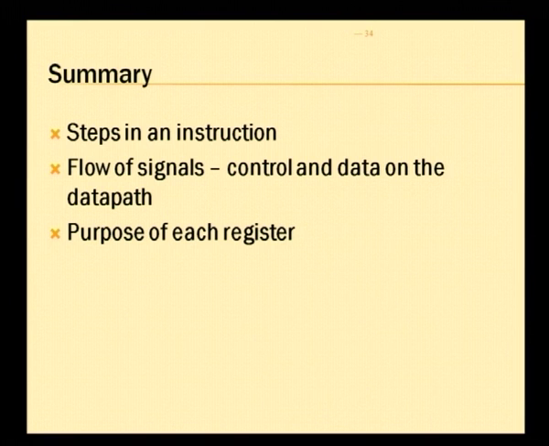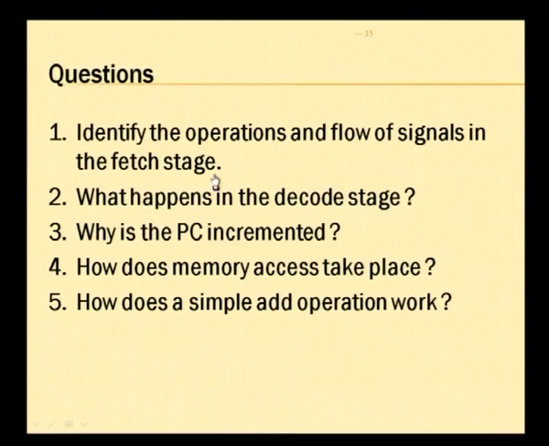We have also looked at some of the registers that are involved and the purpose of each of these registers. A big picture in terms of an instruction flow is what I have tried to give in this lecture. So, a set of simple questions as usual to identify whether you have understood the contents of today's lecture.